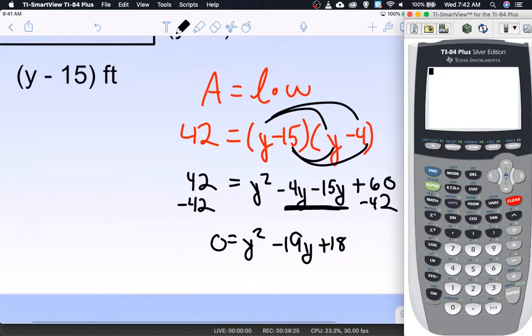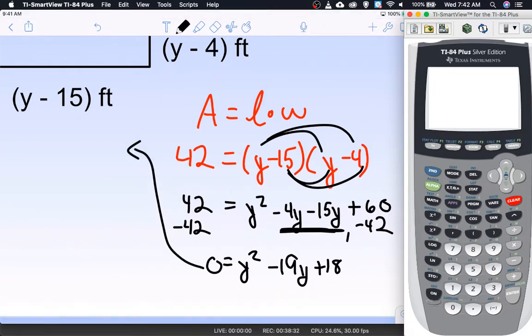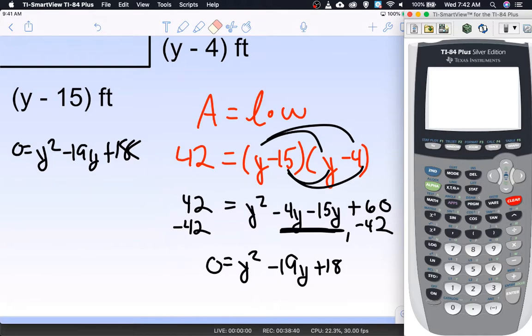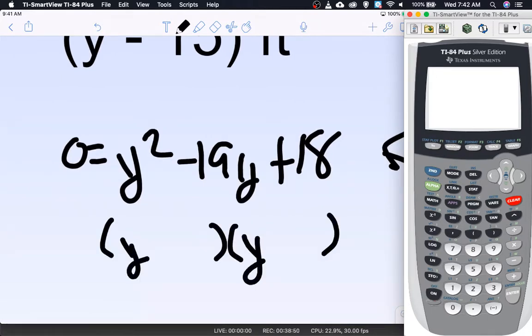In fact, I'm going to rewrite this up here because I don't have any space down here. So 0 equals y squared minus 19y plus 18. There. All right, y and y.